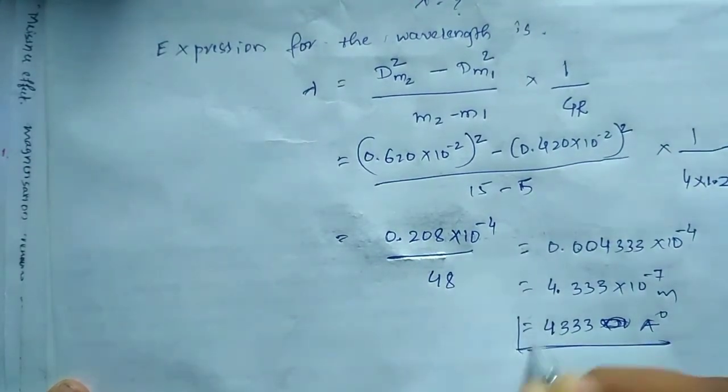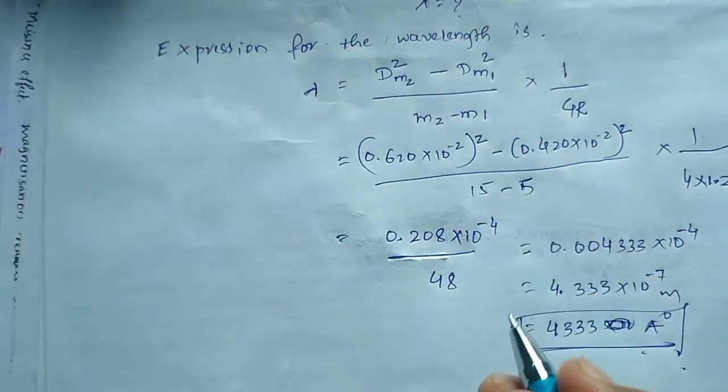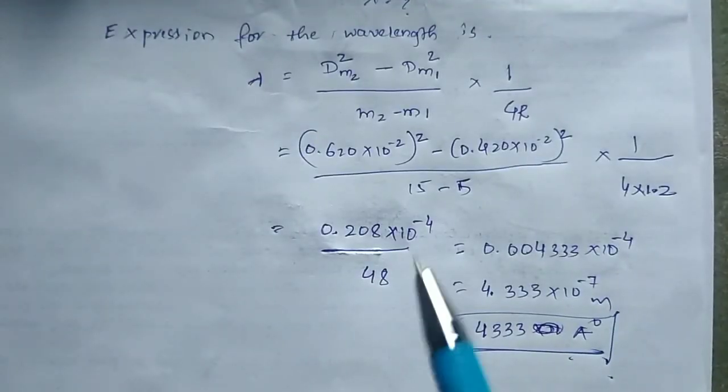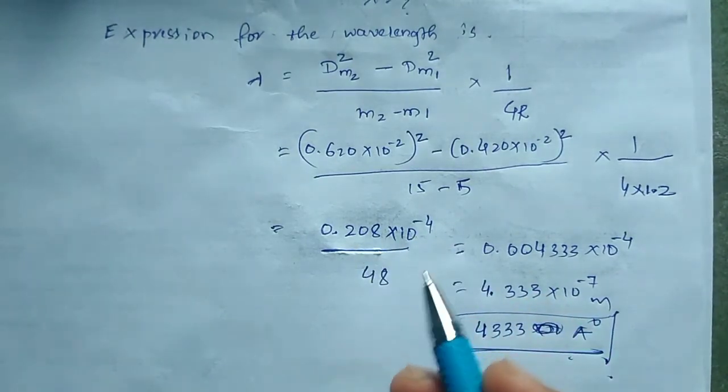This is the wavelength of that monochromatic source. Similar problems are given in the textbook. You have to solve them, and if you have any doubts, you can ask me.